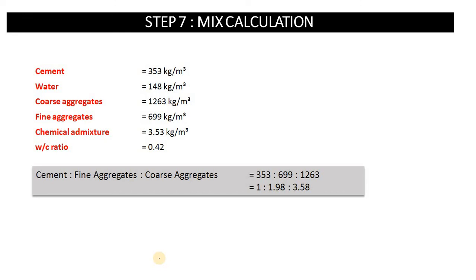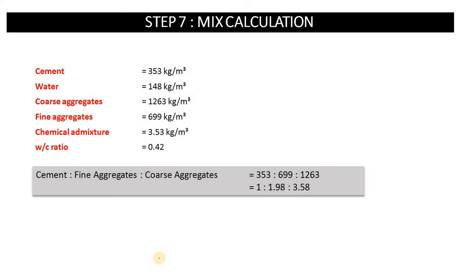So our final mix is: cement as 353 kg per meter cube, water as 148 kg per meter cube, coarse aggregate 1263 kg per meter cube, fine aggregate as 699 kg per meter cube, chemical admixture as 3.53 kg per meter cube, and the water cement ratio as 0.42.